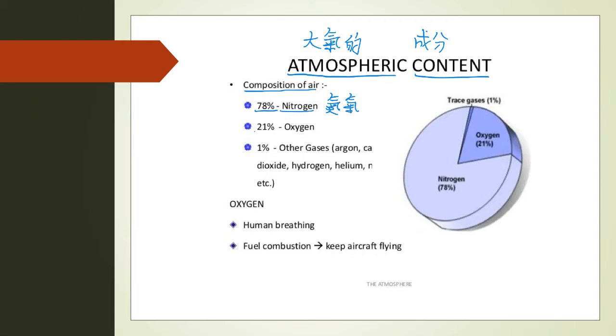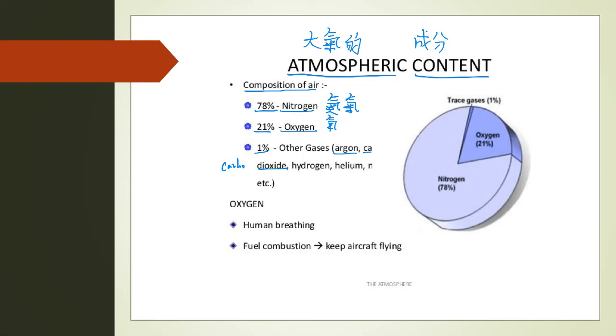About 20% would be oxygen, 氧氣, and this is something that we need. The remaining would be things like argon, carbon dioxide, hydrogen, helium, etc. Sorry, here I can't show the complete wordings. And they also may have some water vapor.